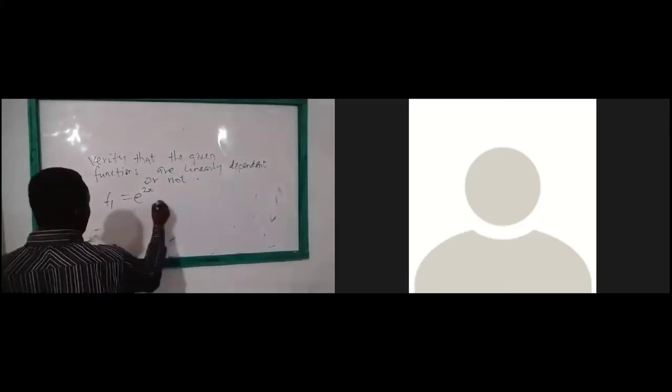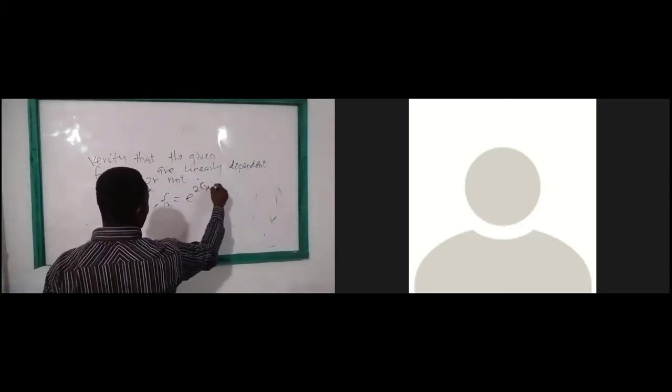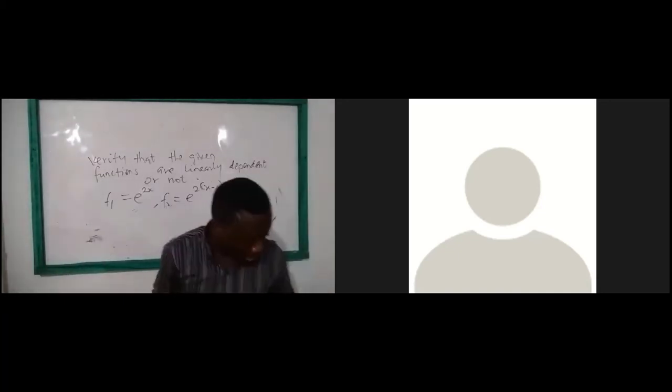We also have the other function f2 to be exp(2x) multiplying x minus 1. As I said, if it is a function, as in this case, we have to verify if this set of functions is linearly dependent or not.